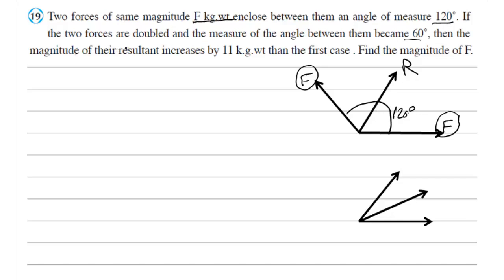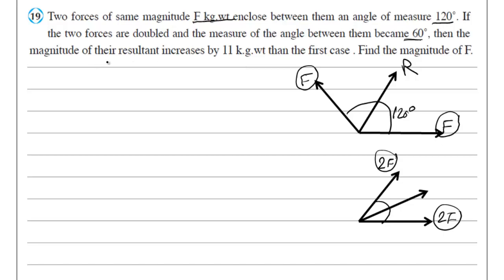And if the two forces are doubled, each force F will be 2F, and the measure of the angle between them became 60. So the measure of the two angles equals 60 degrees.